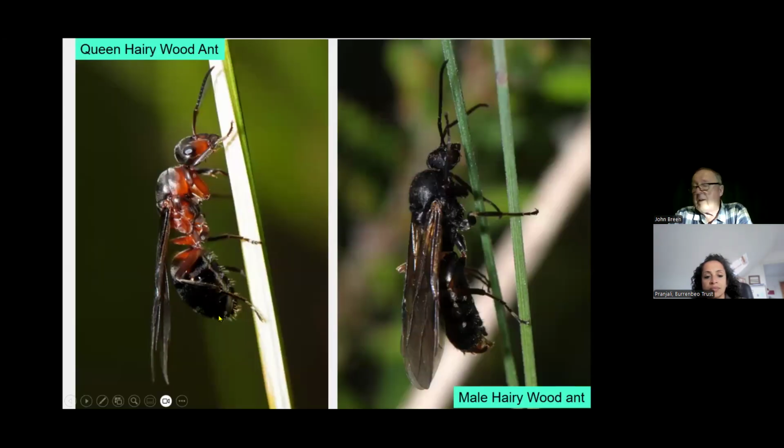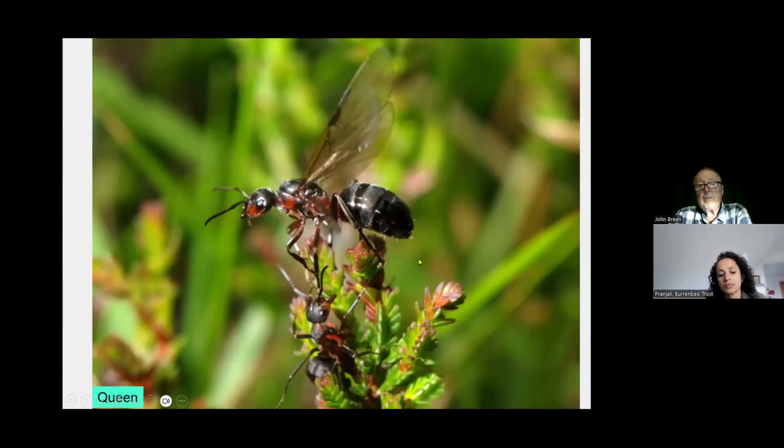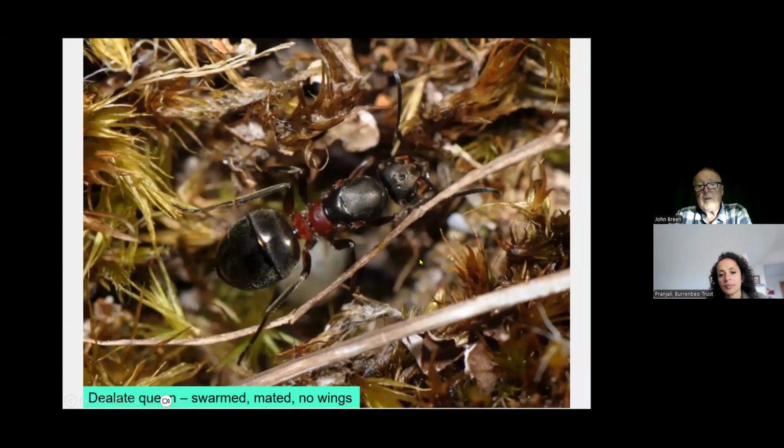And then they fly, I told you already, at 8 to 10 in the morning. So a queen and a male, flying queen. And then there's a freshly mated queen. She has now cut off her wings, and you can see the stubs of the wings here. So that's how you know she's a queen.